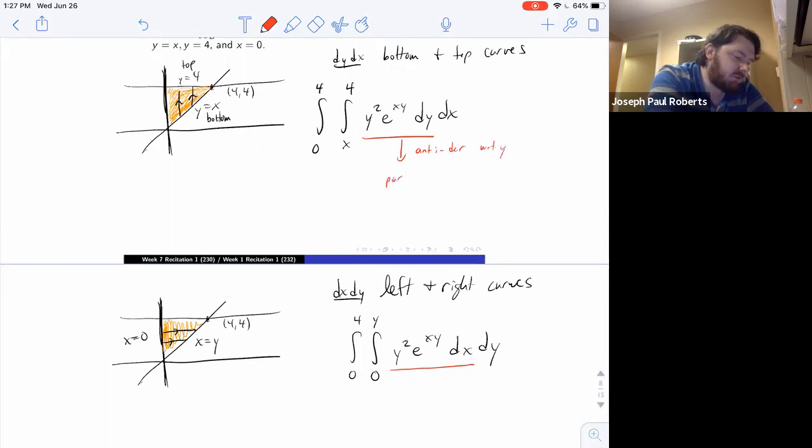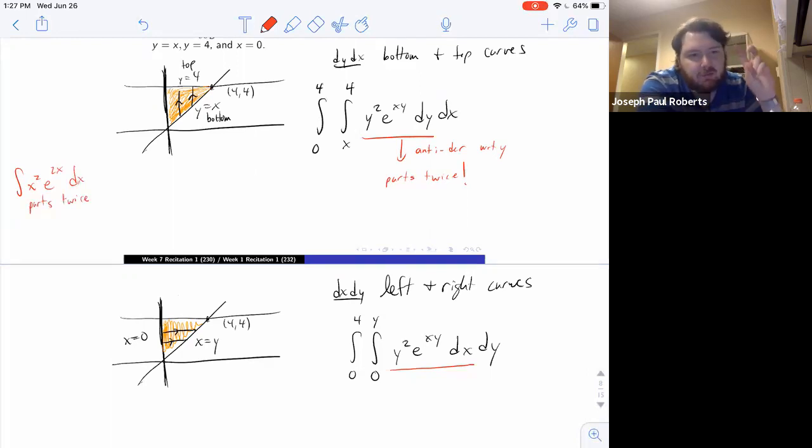you need to do parts twice. If you remember back to 141, something like x squared e to the 2x, that's what you would need parts twice to do, because you basically have two extra factors of x.